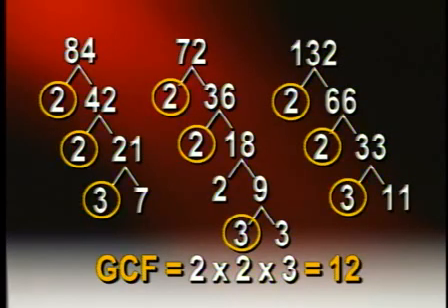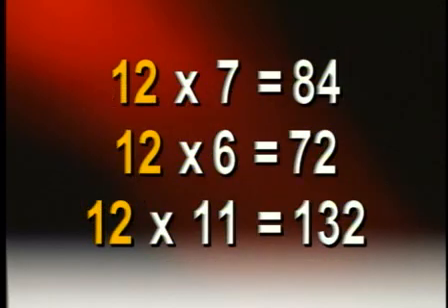Let's see what that means. On this next graphic, you can see that we have the numbers 84, 72, and 132 written as the product of 12 times another number. 12 times 7 is 84. 12 times 6 is 72. 12 times 11 is 132.